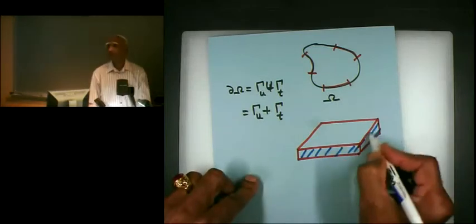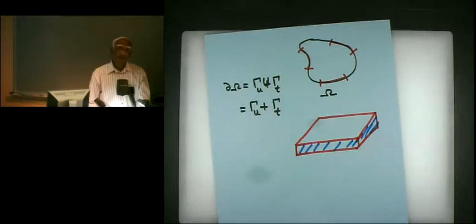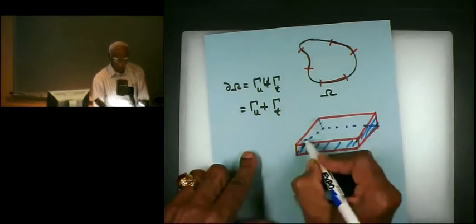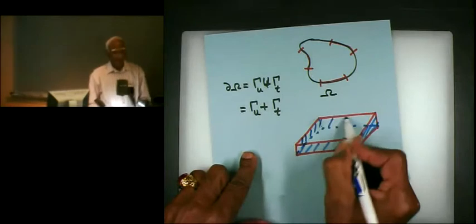I can have two edges clamped, so that means displacement is prescribed there. If I have all four edges clamped, then I have displacement prescribed on this surface. However, on the top surface, we generally give loads, forces, pressure. So we can divide the boundary of the body into two parts: gamma u, where displacements are given, and gamma t, where tractions are given.